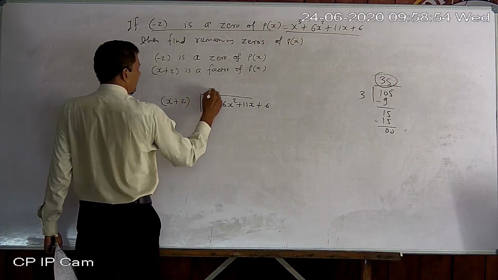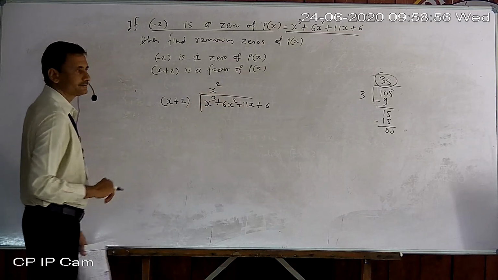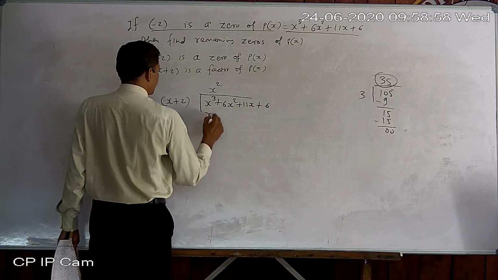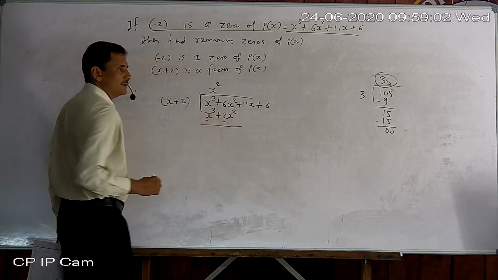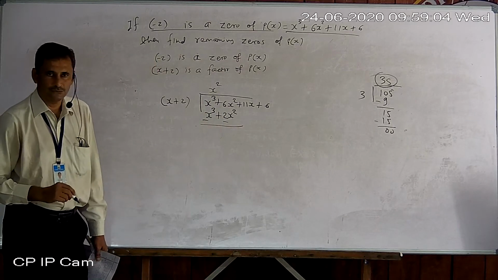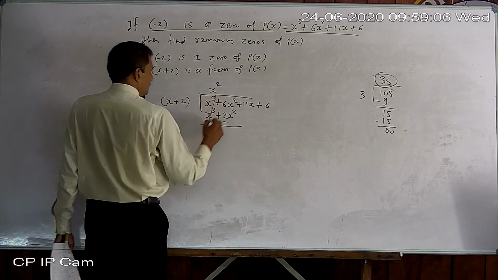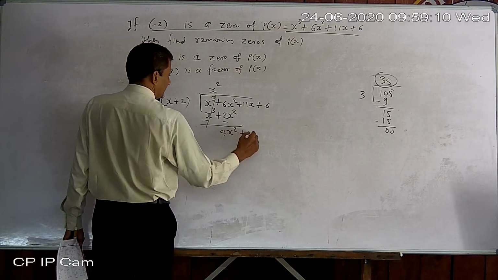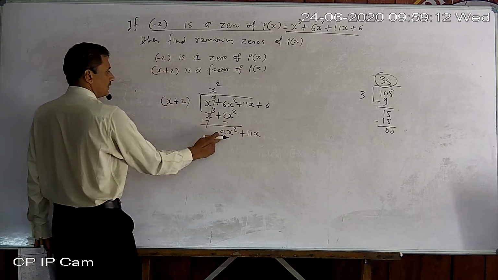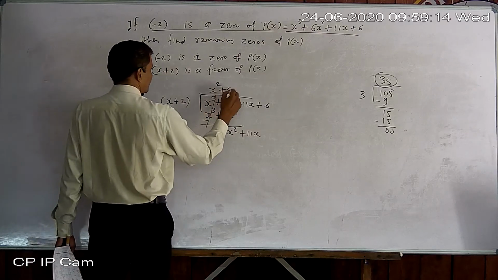Now multiply by x square, so it will become x cube plus 2x square. You can do it here by the synthetic division method also. 6 minus 2, 4x square plus 11x. Now 4x square, multiply by x, so plus 4x.